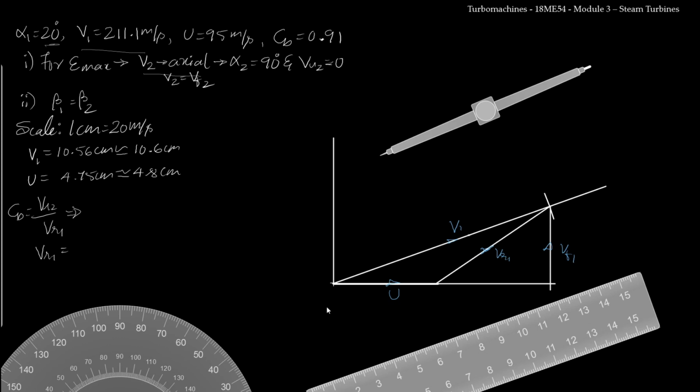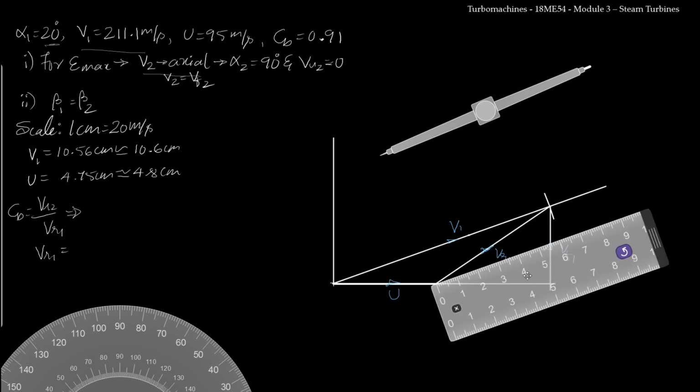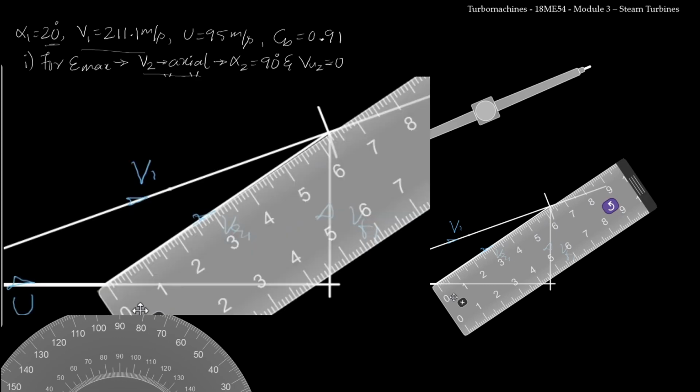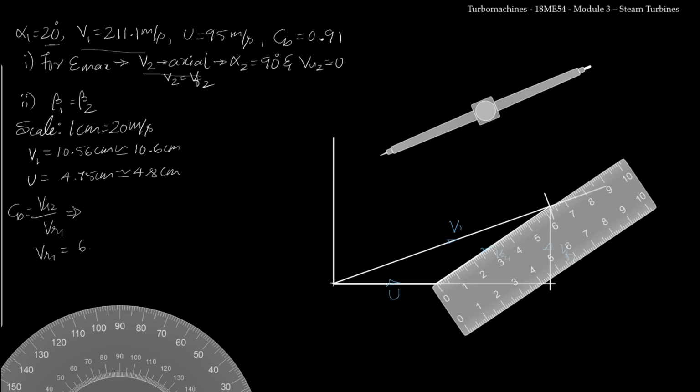For that, I will take the scale. VR1 is approximately around 6.3 centimeters. Now I need VR2. VR2 can be written as CB into VR1, which is 0.91 into 6.3 centimeter. So the length of VR2, we get it as 5.73 centimeter.